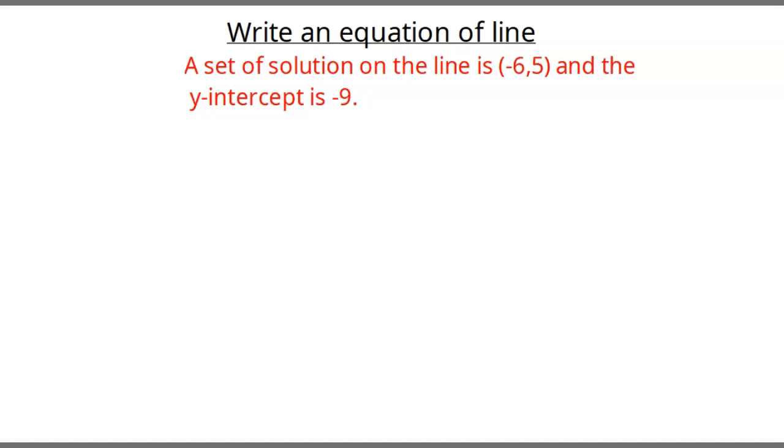Let's look at our last question. At this moment you can pause and see if you can come up with the equation as we finish, using y = mx + b. Everybody knows we have our solution set. One of the solutions is (-6, 5), and our b, which is the y-intercept, is -9.